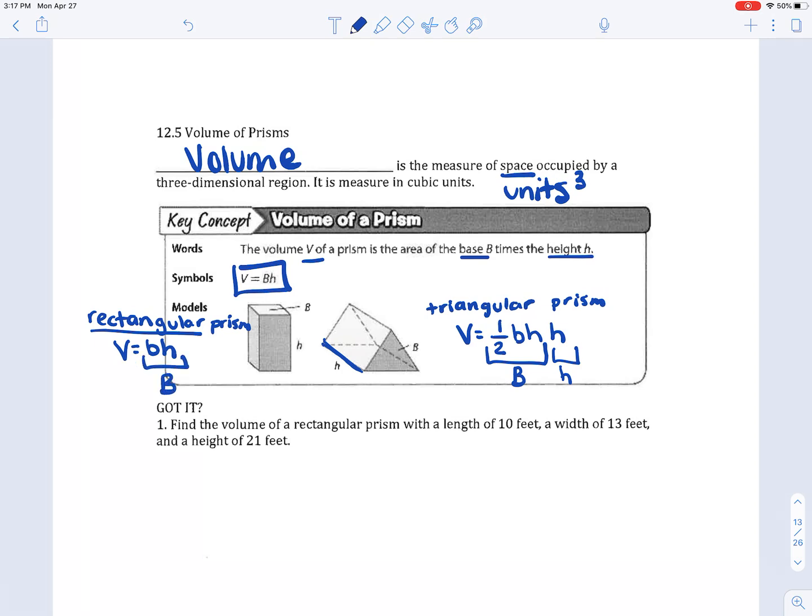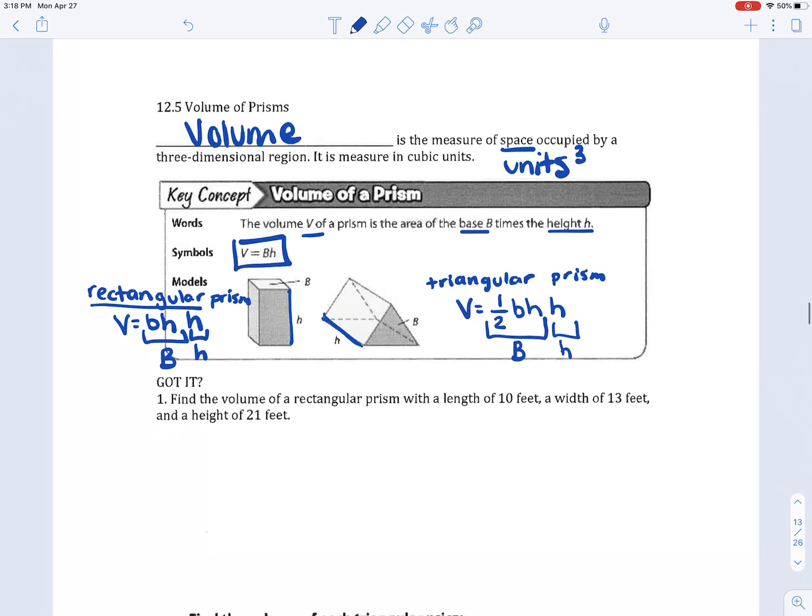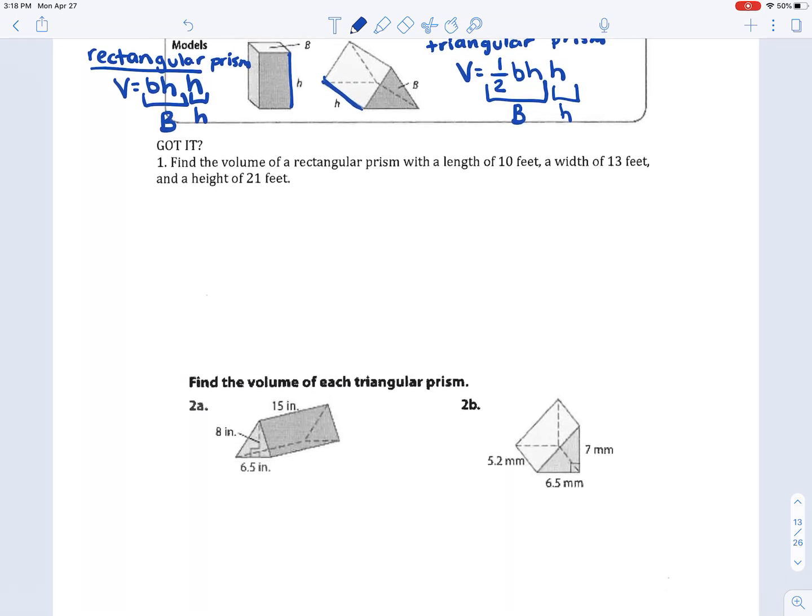This gives us the capital B, and then we would multiply it by the height of the prism, the thing connecting the two bases, the H. So our formulas look a little bit different. The rectangular prism doesn't involve 1/2, but the triangular prism does. A shortcut would maybe be whenever you see a triangle, you know you have to add 1/2 to your formula, but in a rectangular prism, you do not have to multiply it by 1/2.